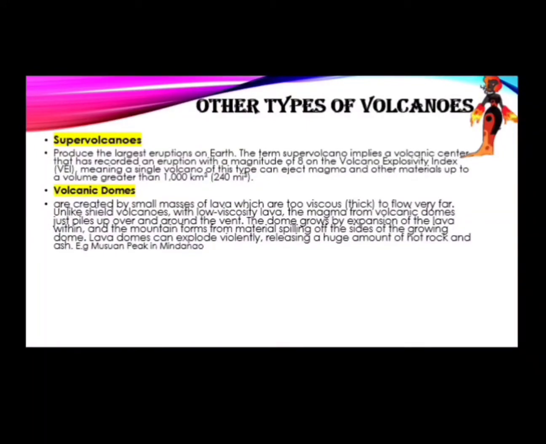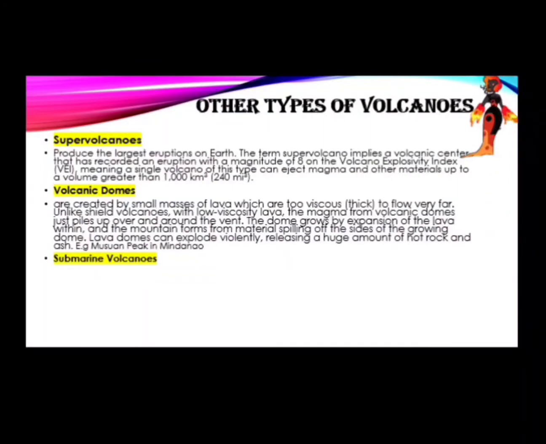The dome grows by expansion of the lava within, and the mountain forms from material spilling off the side of the growing dome. Lava domes can explode violently, releasing a huge amount of hot rock and ash. An example of a volcanic dome is the Musuan Peak in Mindanao.